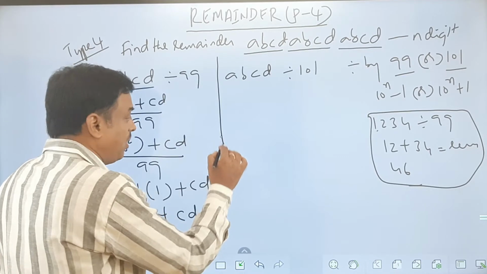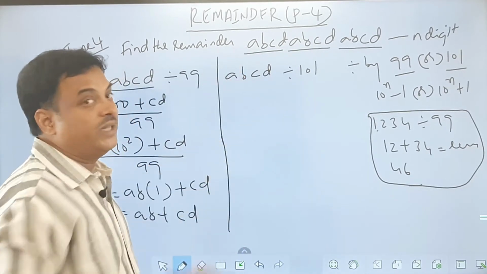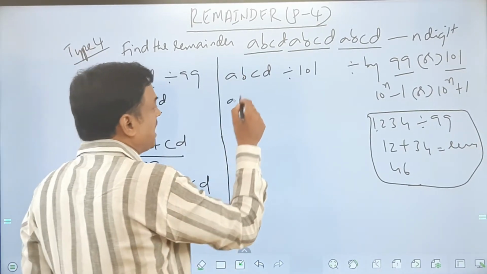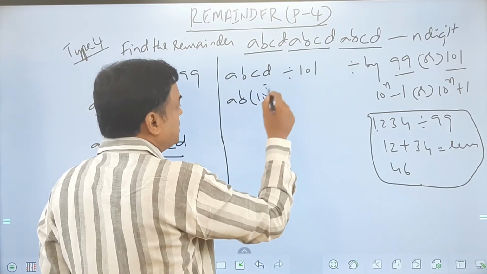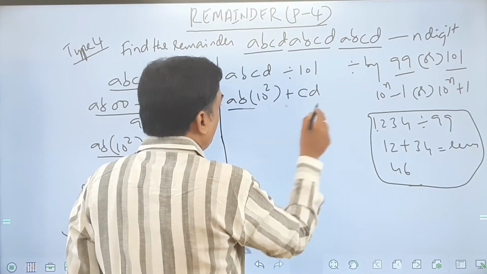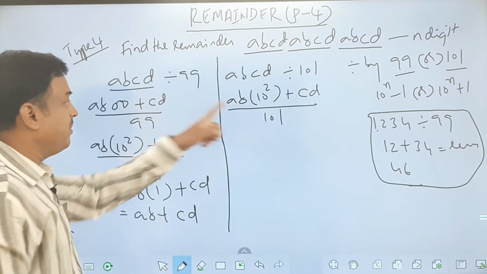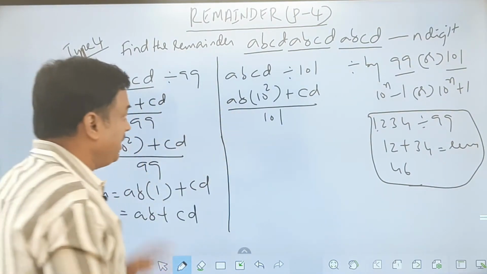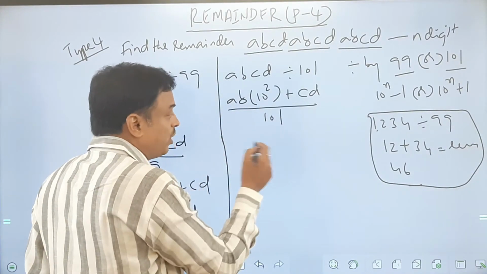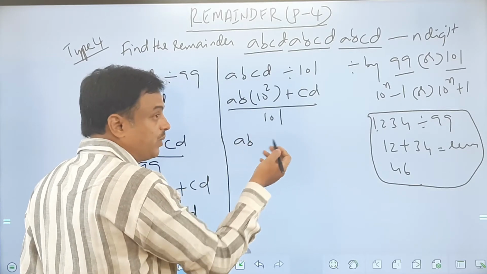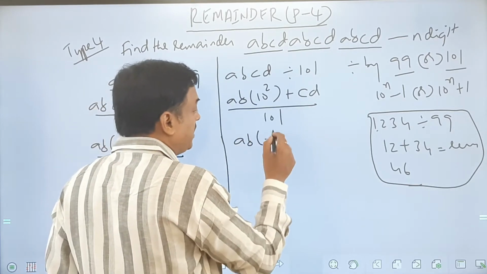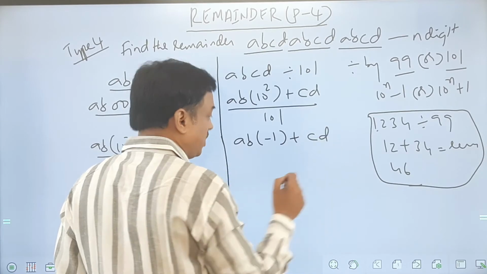Okay. Now try to understand, if it is 101, then what happens? The start would be the same. This will be 10 square plus CD upon 101. You see the same explanation, we have it here. Now 100 divided by 101 is -1, so AB times -1 plus CD is what you have.